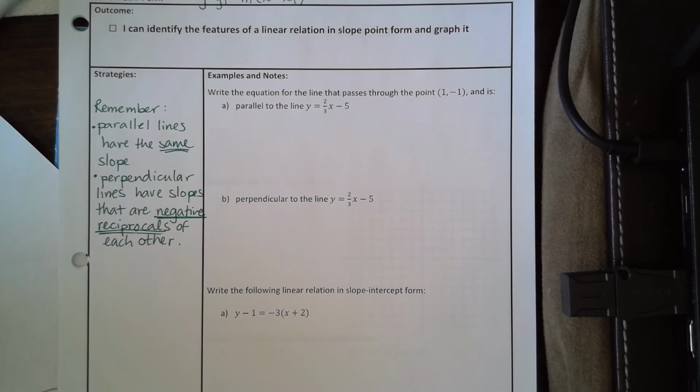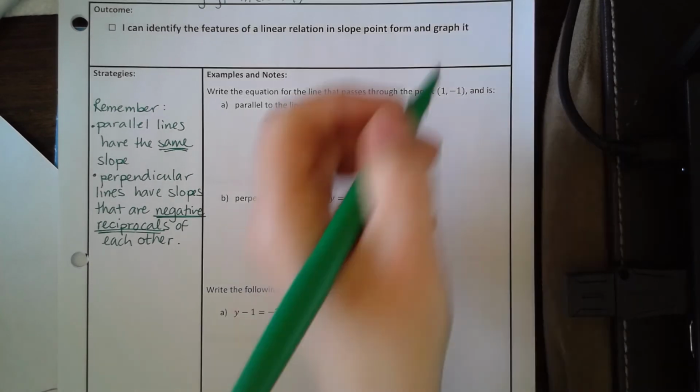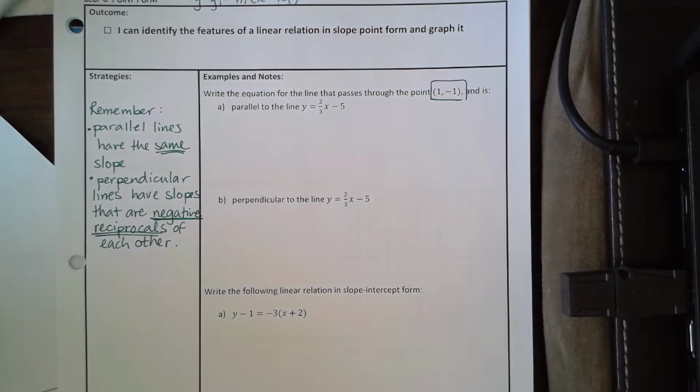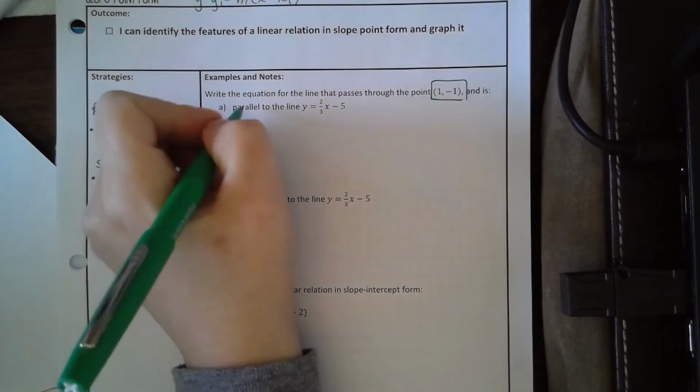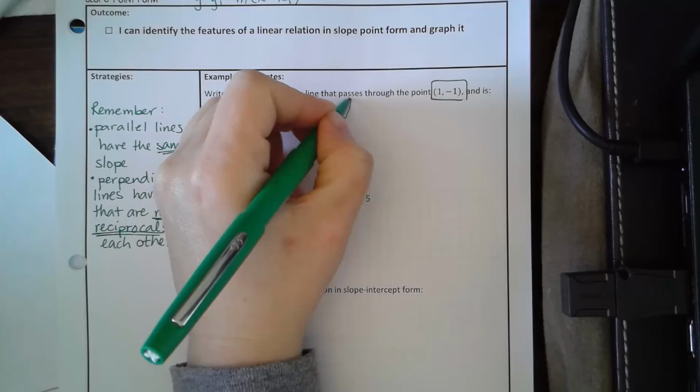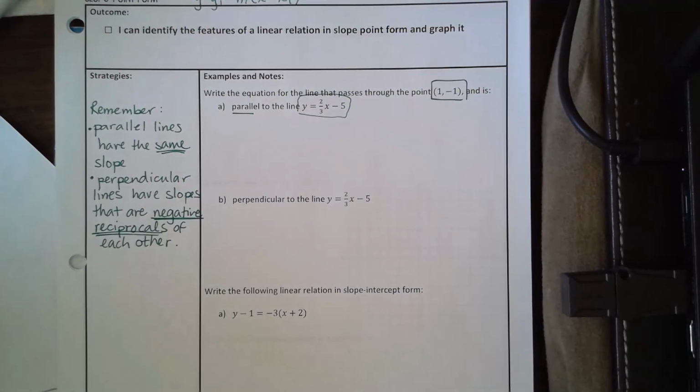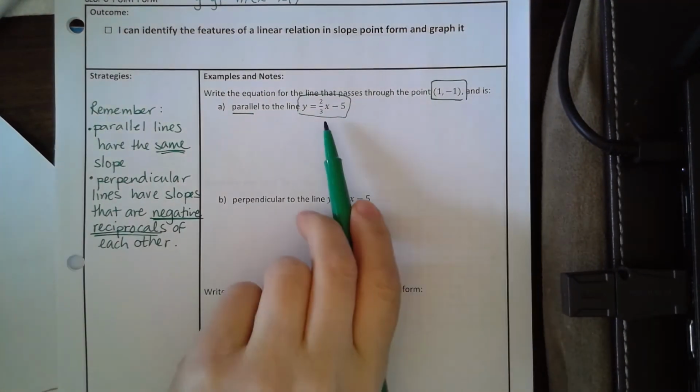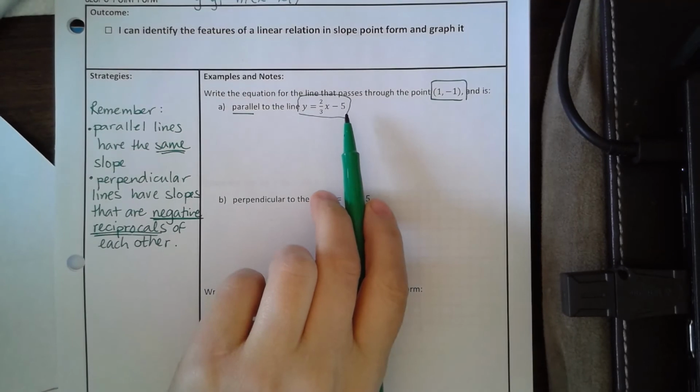All right, let's take a look at an example that we have on page 3 in our notes here. Write the equation for the line that passes through the point (1, -1) and is parallel to a given line. Here's the line that has a slope of 2/3 and a y-intercept of -5.